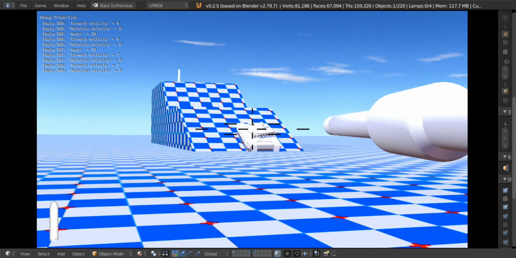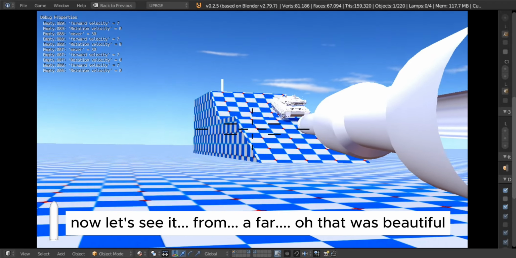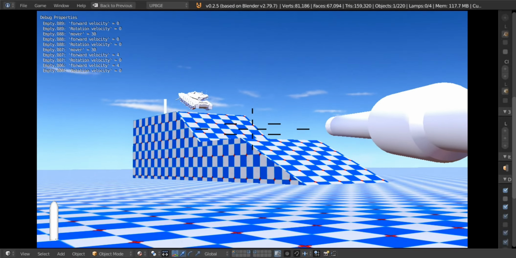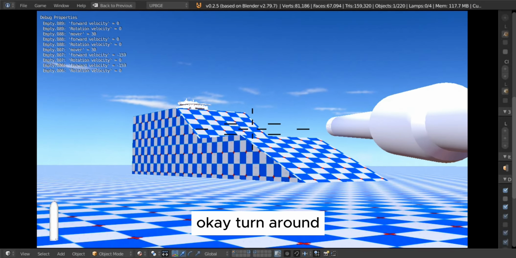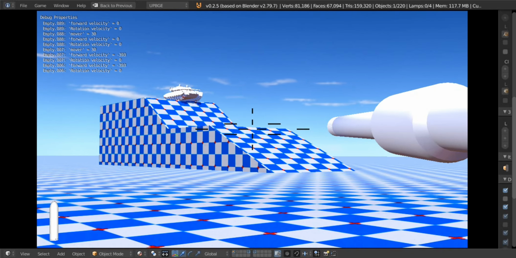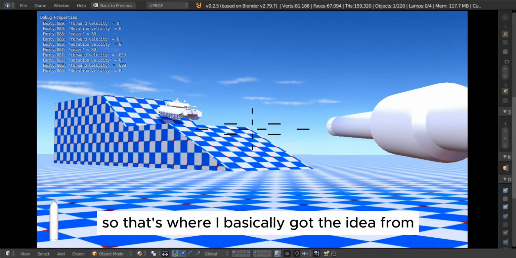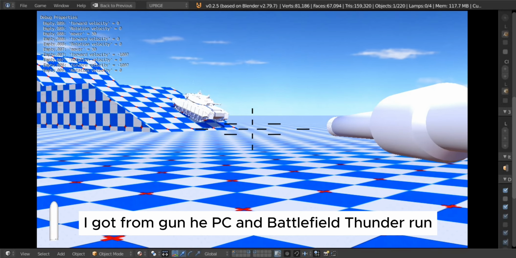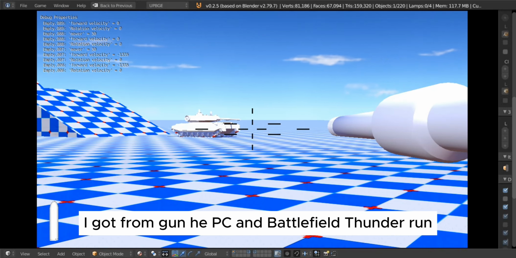Okay, so it's going on the ramp again. Now let's see it from afar. Ooh, that was beautiful. Okay, turn around. So that's where I basically got the idea from. I got it from GHPC and Battlefield Thunder Run, that mission.